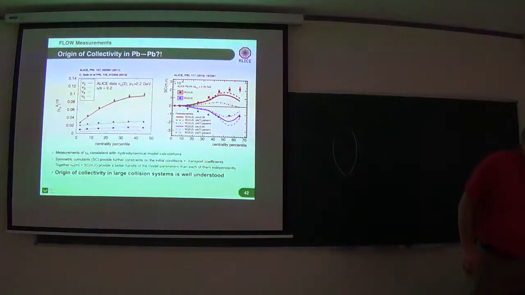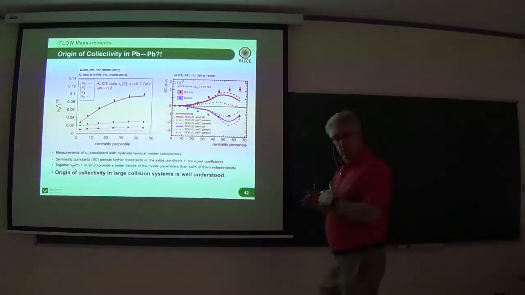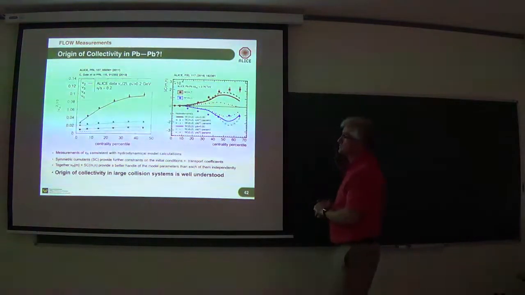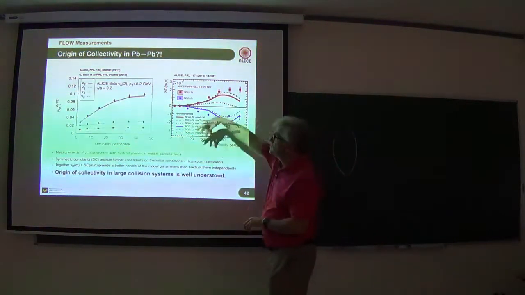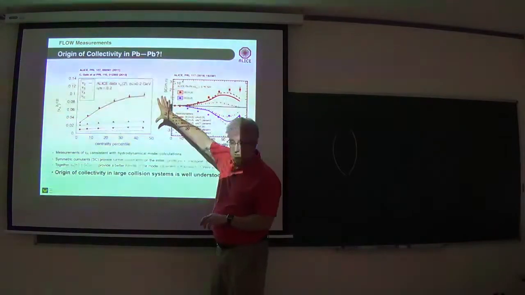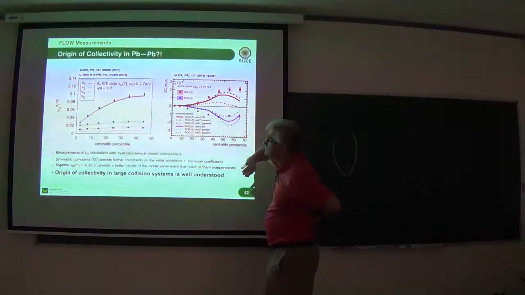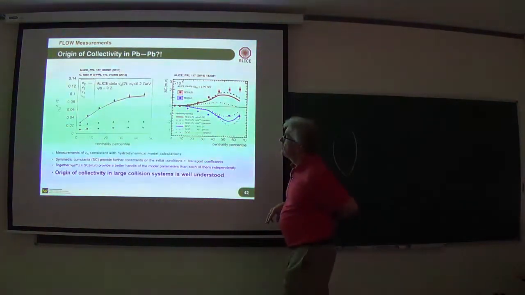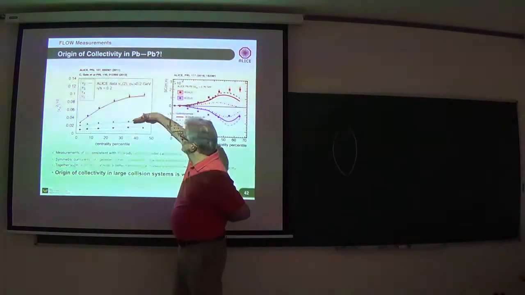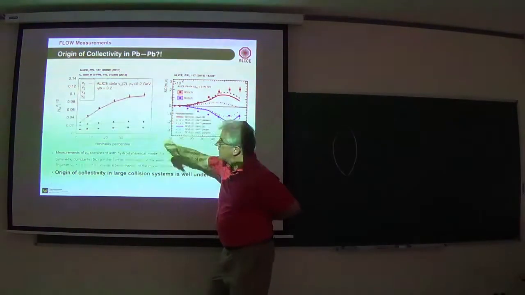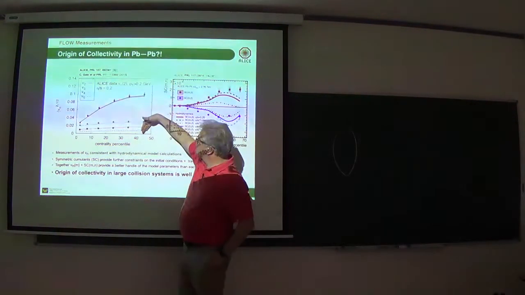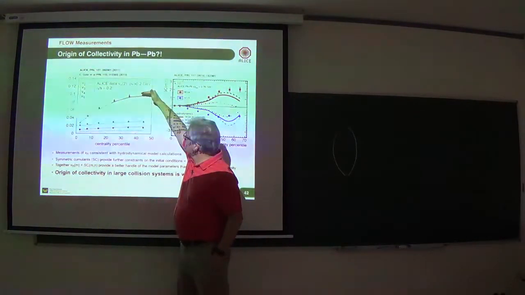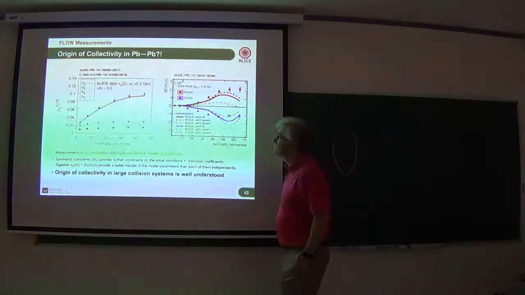Having accomplished this, now we can focus on trying to really understand some of the properties of the system. This is a comparison with a calculation by Charles Gale and collaborators: Vn as a function of centrality, so V2, V3, V4, V5. We don't have data on this plot for V5, it's hard to measure, but we have a good comparison for 2, 3, and 4.